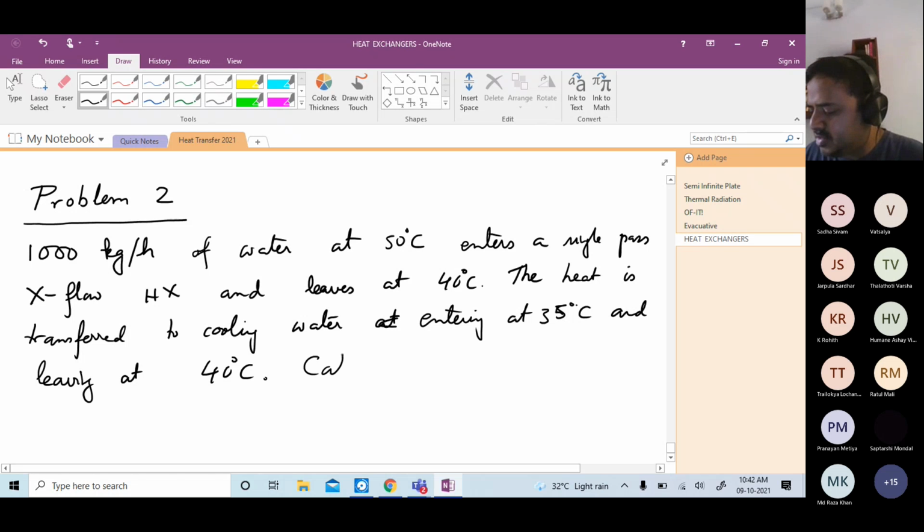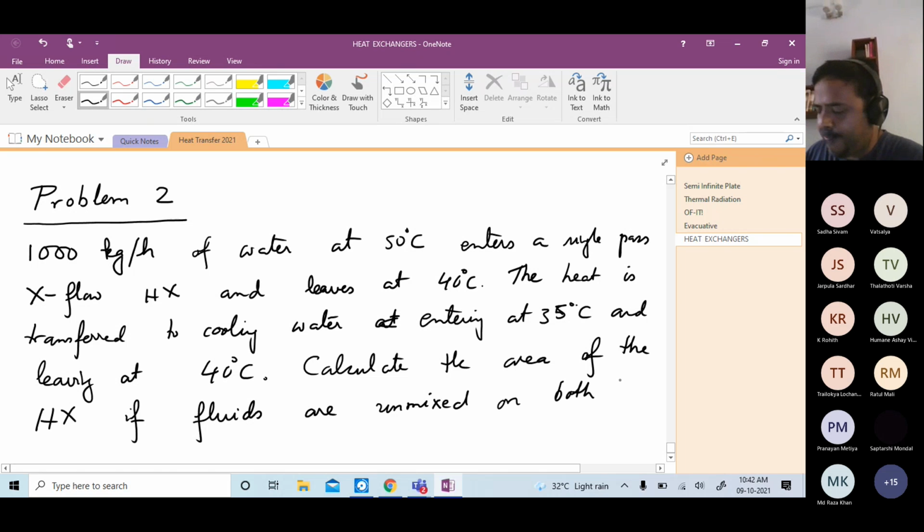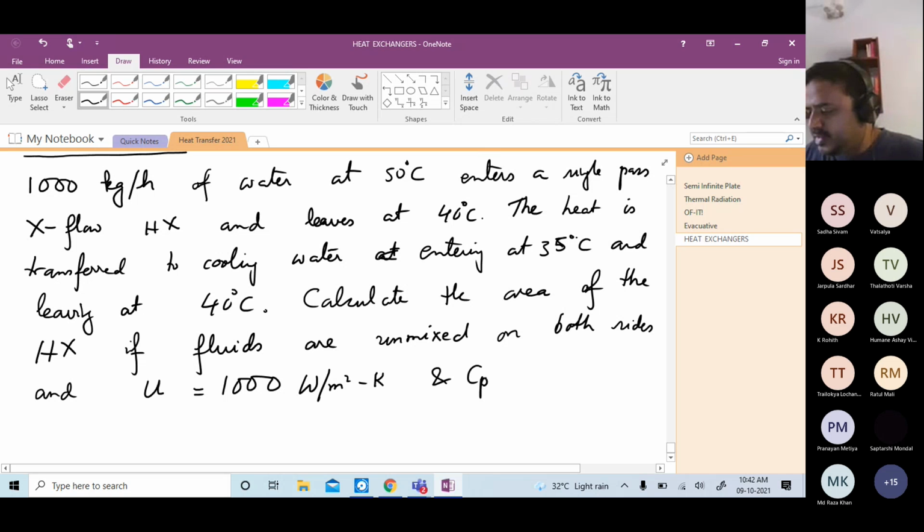The question is, calculate the area of the heat exchanger if the fluids are unmixed on both sides and U equals 1000 watt per meter squared Kelvin, and Cp of water is 4.2 kilojoules per kg Kelvin.